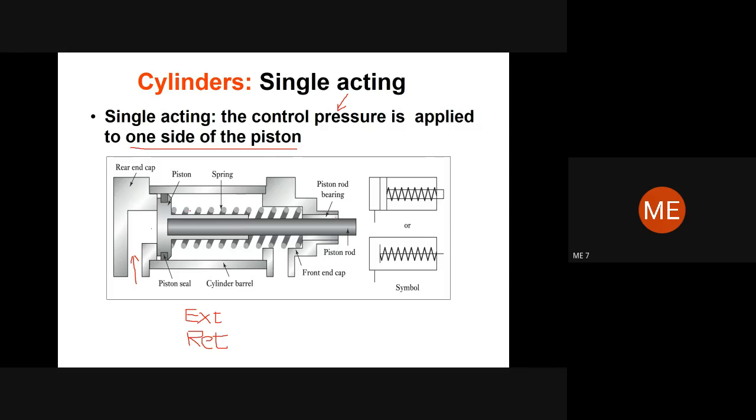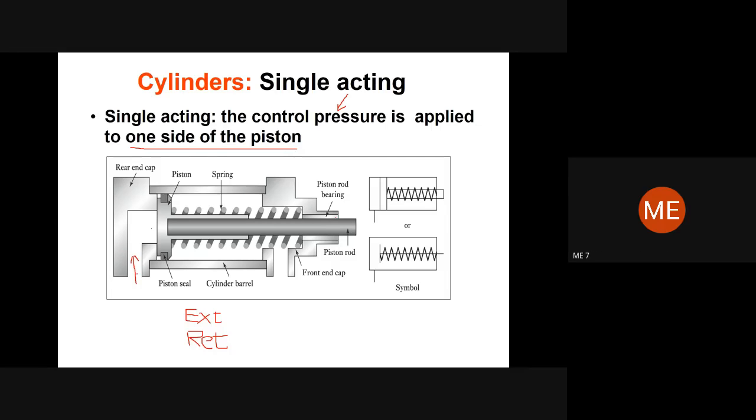That stored energy is going to be liberated and will push the piston back to the initial position. That is how the single acting cylinder works. Therefore, only for the extension you require some pressure. For the retraction you need not have any pressure because of the presence of the stored energy. It's going to be given back. That is called extension and retraction. Is it clear, please?